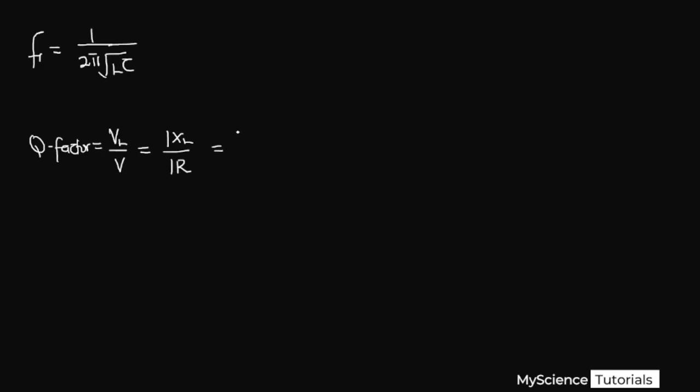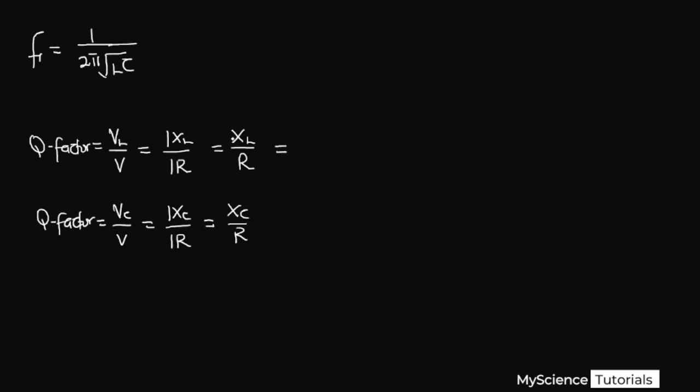Since the currents are the same, this is XL over R. We also said that Q factor can be the voltage across the capacitor over the supply voltage. So this can also be I XC over IR, which is also equal to XC over R. Okay, so this is the formula for both.